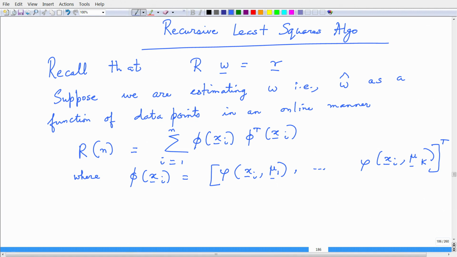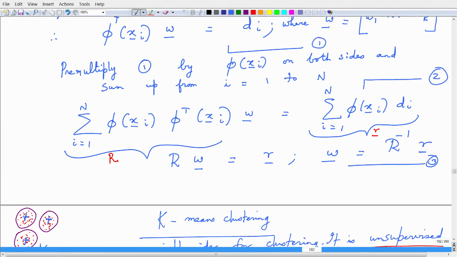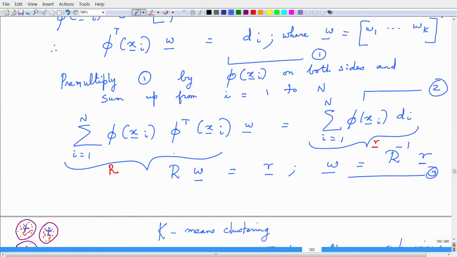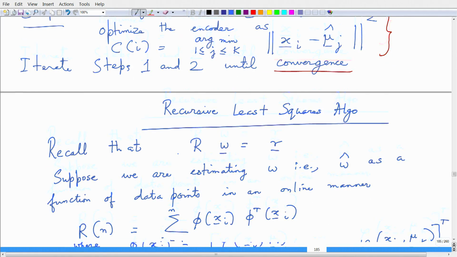Okay. So, if you recall, in the matrix R that I had, I never mentioned R of n, R of small n. I mentioned this capital R equals summation i equals 1 to capital N, right. But we do not have to be restricted.